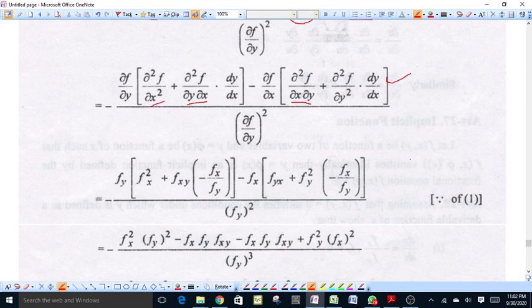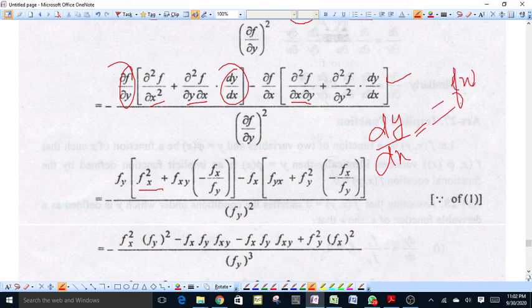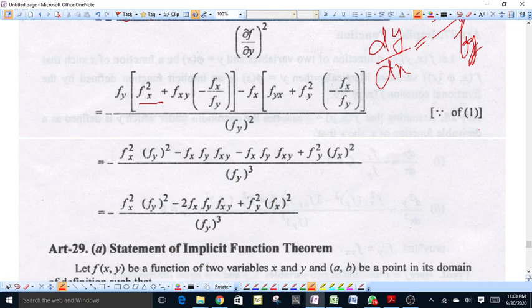If we use these symbols for these partial derivatives, then this will be equal to fy, and this is f2x, fxy minus, by using the first result we have established, dy/dx is equal to minus fx upon fy. Using this result, we have minus fx fyx plus f2y into minus fx upon fy, whole square, and after simplification we get this is the required result.